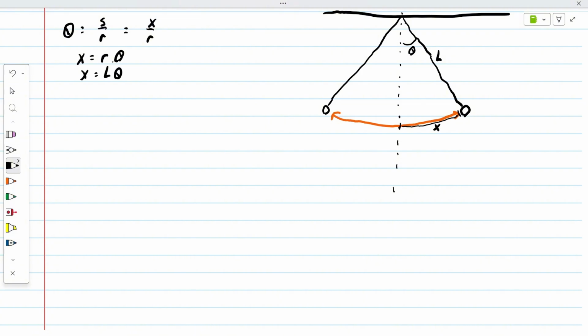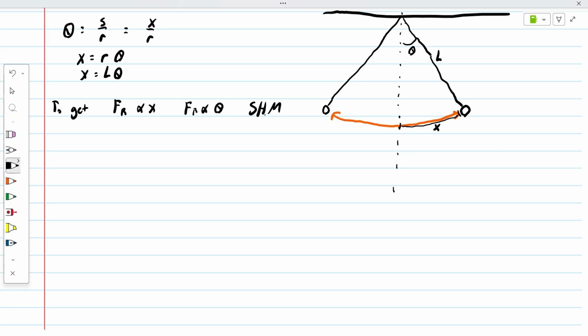Okay? And so to get simple harmonic motion, we need the restoring force to be proportional to x, which in this case it would need to be proportional to theta, okay, to get simple harmonic motion.